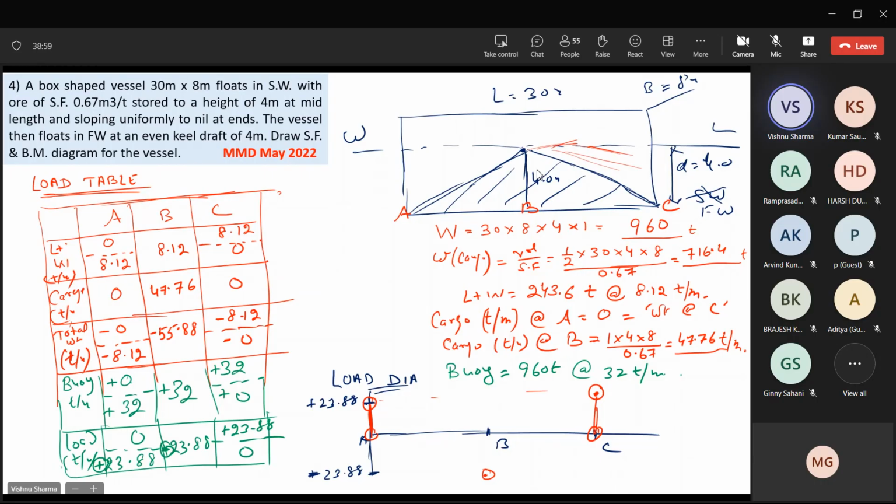Guys, what is load resultant of? Load is resultant of light displacement of the ship. Light displacement has been assumed to be uniformly distributed. So light displacement curve will be horizontal. Then it includes the buoyancy. In this case, the buoyancy is uniformly distributed, so buoyancy curve is also horizontal. Then it includes the weight of the cargo.